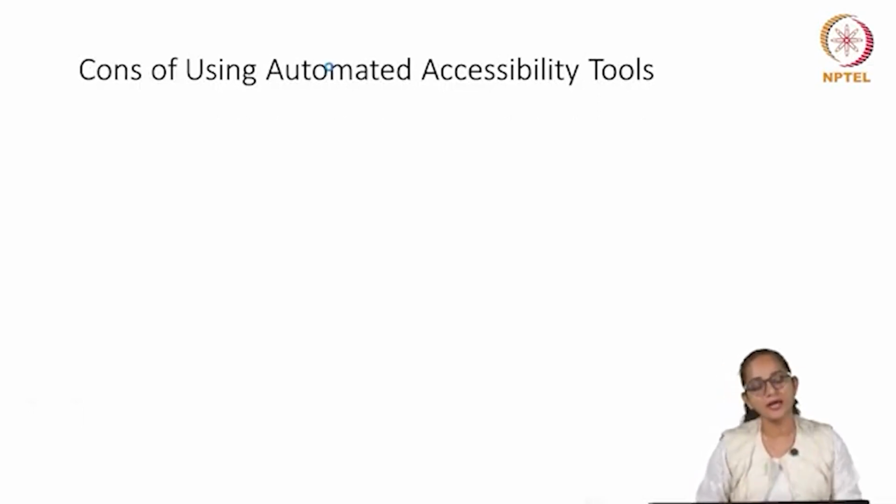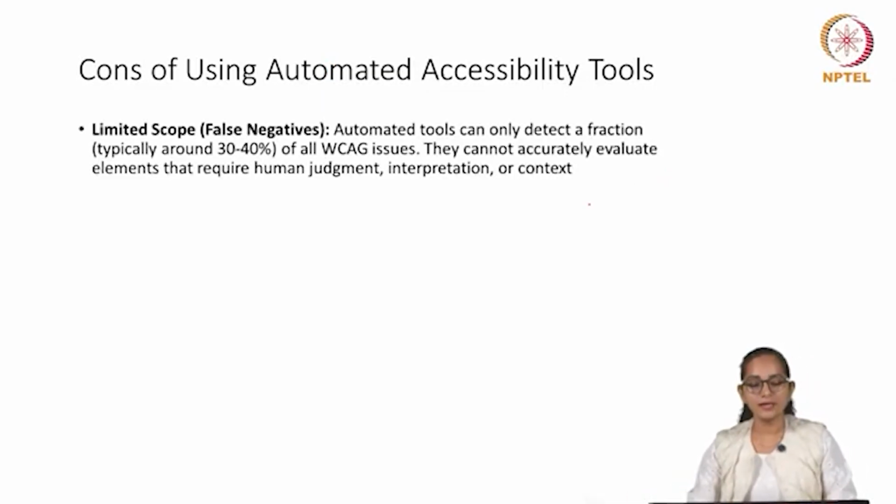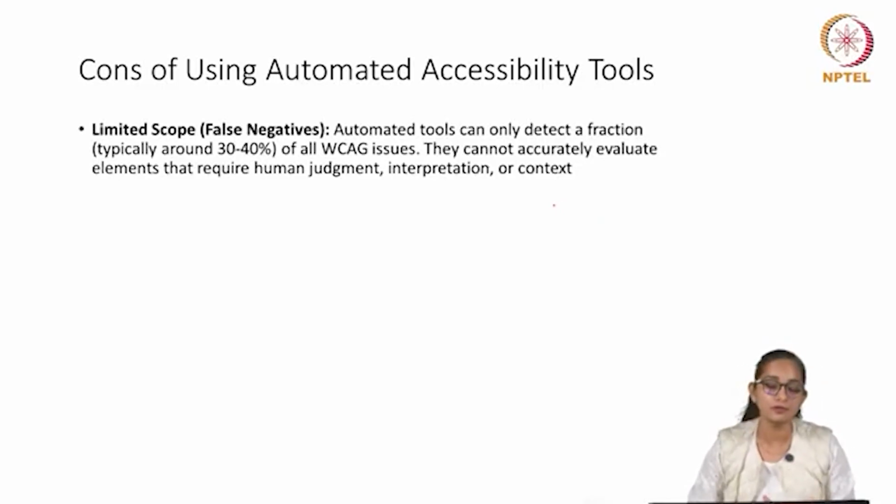Let us now look at some cons of using automated accessibility tools and why we should not entirely rely on only automated accessibility tools. They have limited scope and can give you false negatives. I think this is very important to understand, that automated tools can only detect a fraction of all WCAG issues.